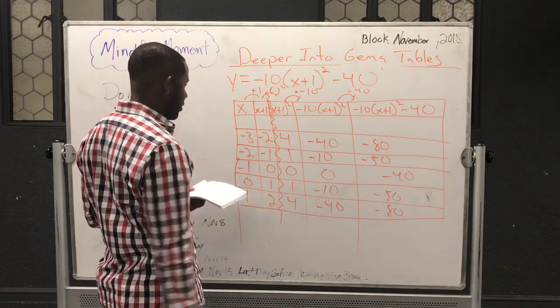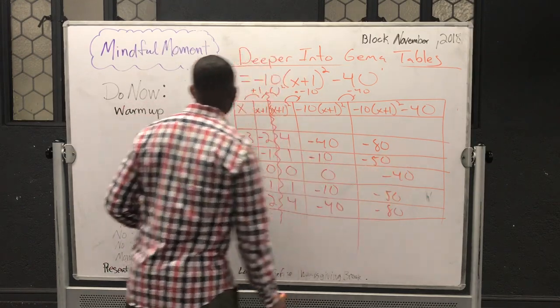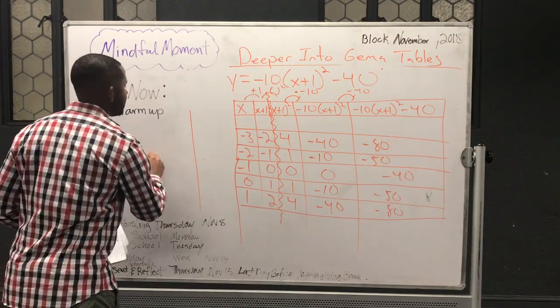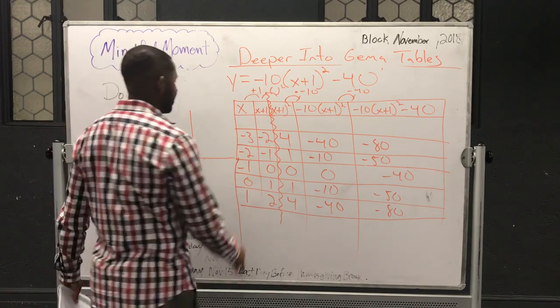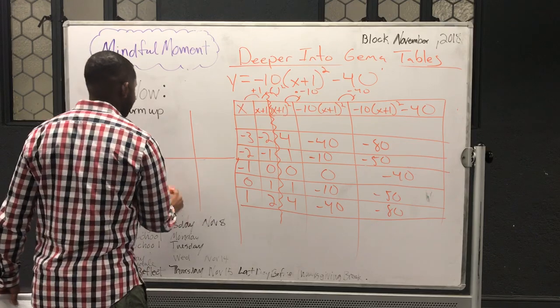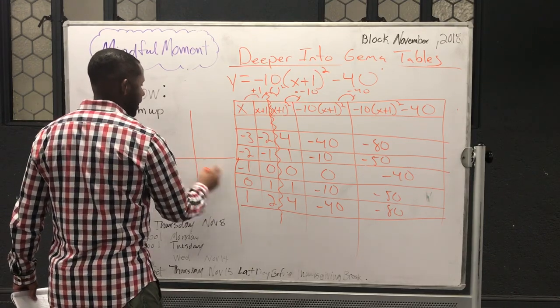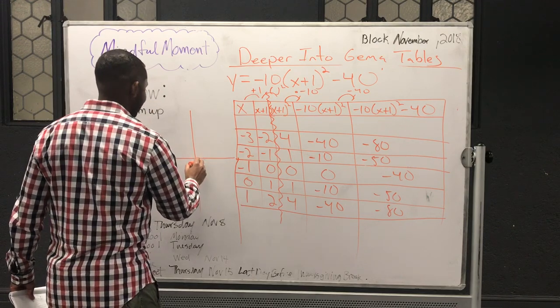But now the other part that I want you to see is let's look at this vertex and let's look around it. Let's say we were going to graph this. I know the vertex is here. It's at x is negative 1, y is negative 40. When x is 0, y is negative 50.